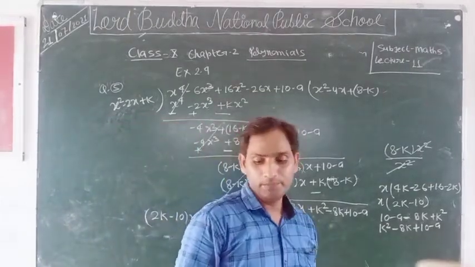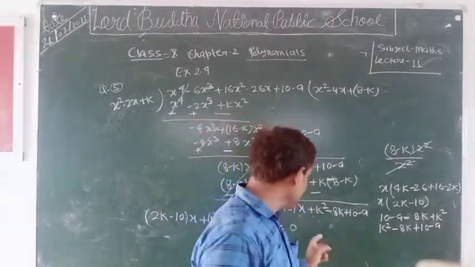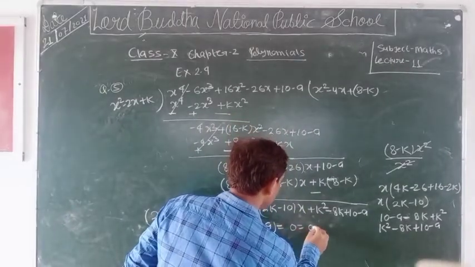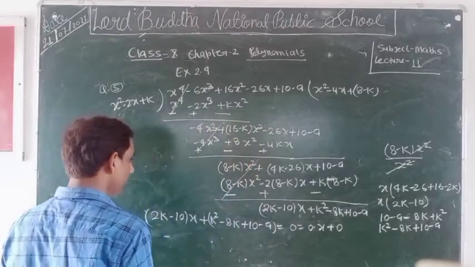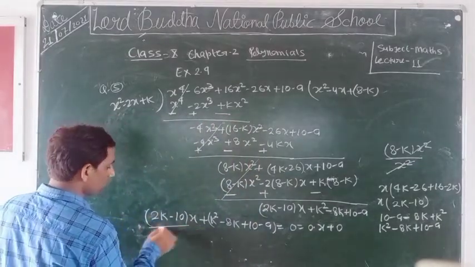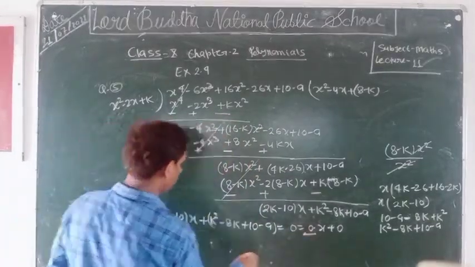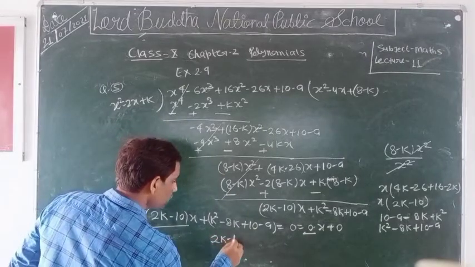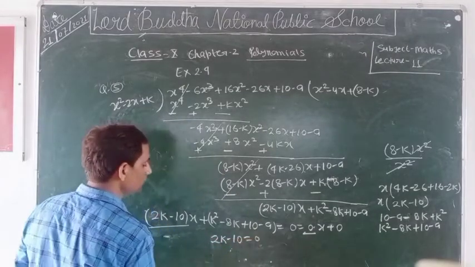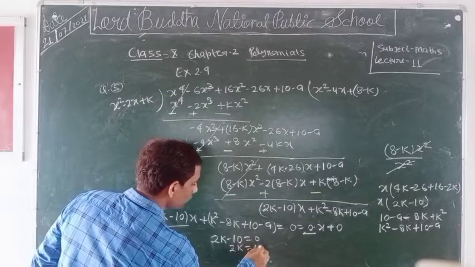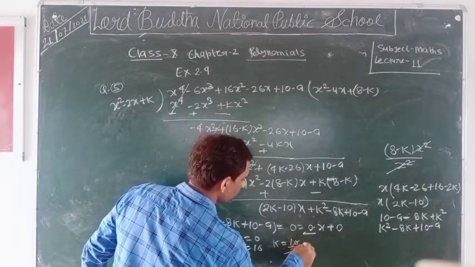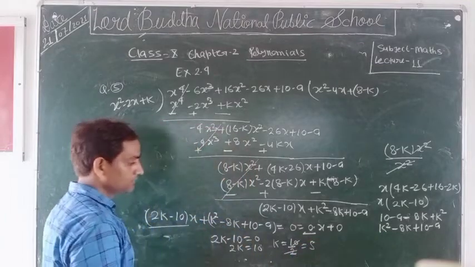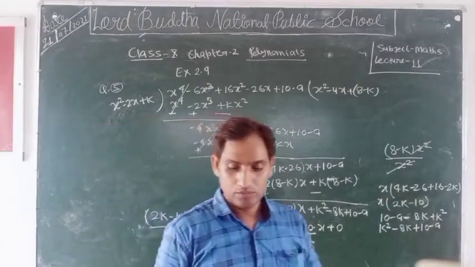We can write it as 0 into x plus 0, and we compare this coefficient with this, means 2k minus 10 equal to 0, or 2k equal to 10, or k equal to 10 upon 2 equal to 5. Here k equal to 5.